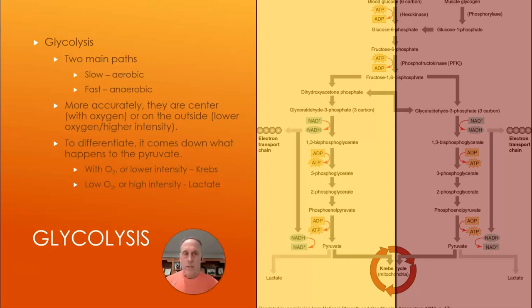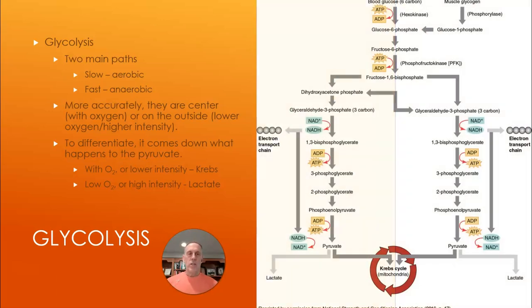When you look at this, it actually becomes a conversation where it's not so much right side, left side, but more like the center down here and the outside. And at the pyruvate down here at the very bottom, whether it's fast glycolytic or slow glycolytic, one of the key things is what happens to the pyruvate.